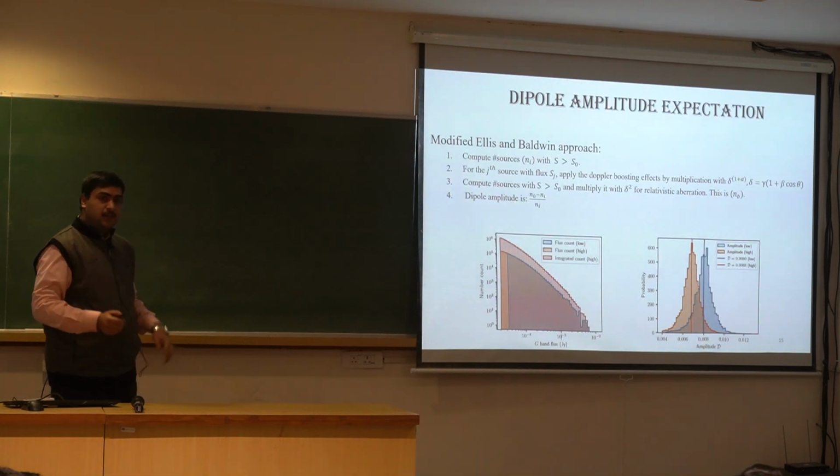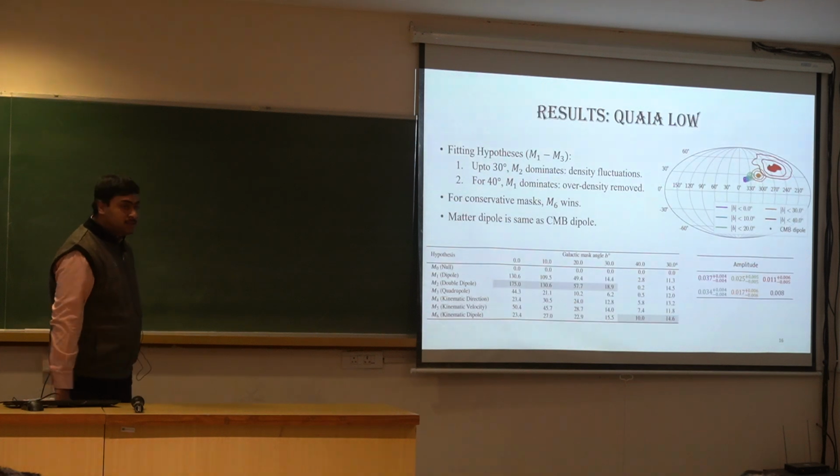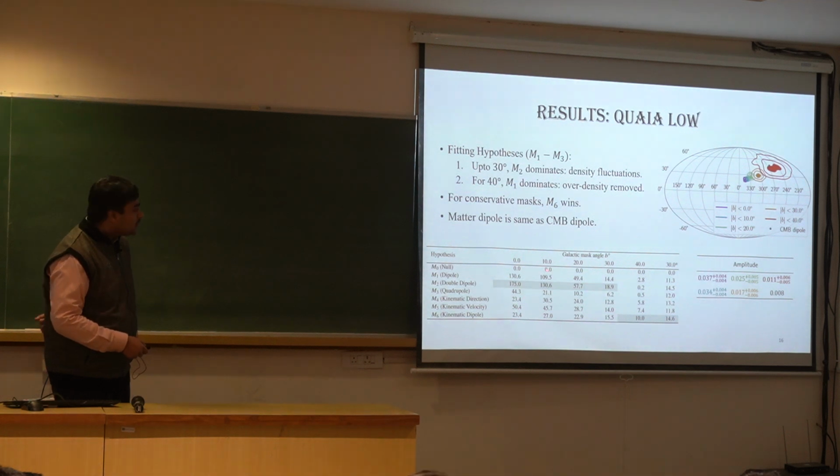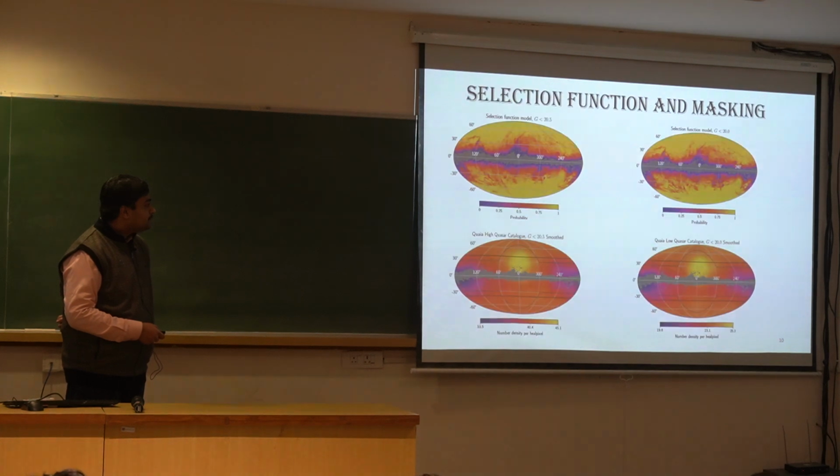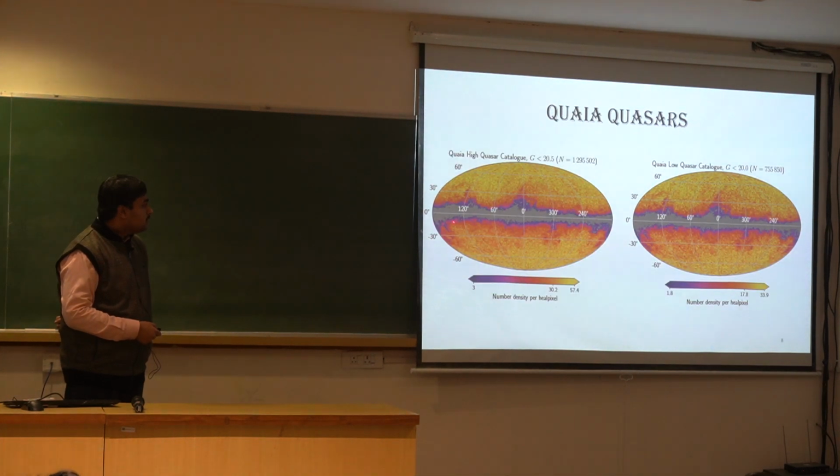After doing this, we fed everything to Python and we got our results. So for our shallow versions of the catalogue, here is our table of Bayes factors. Now you can ask what this galactic mask angle is. So here is the thing. You see around the galactic plane we have contamination.